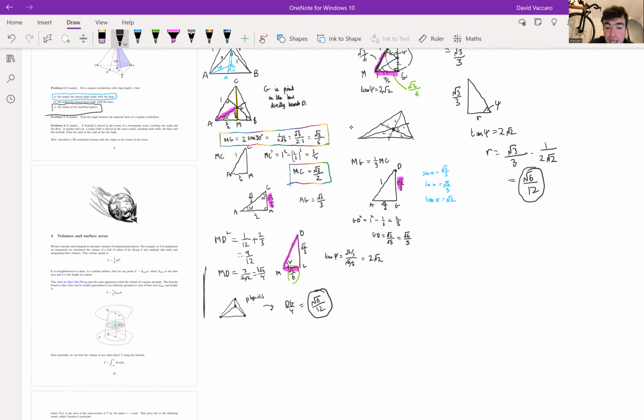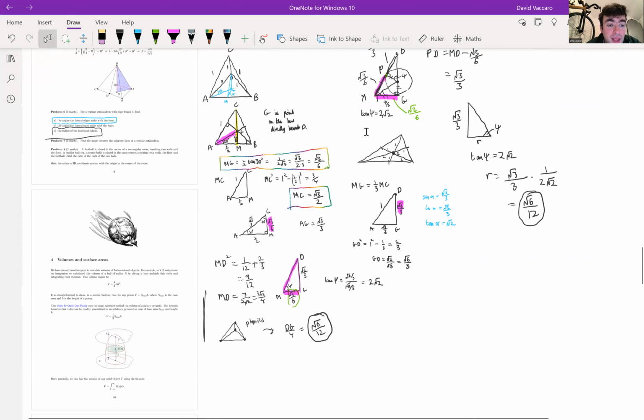And the general case for any tetrahedron is that the center of mass of a uniform tetrahedron is 1/4 of the coordinate vectors of A plus B plus C plus D. And here, because the center of mass is going to coincide with the incircle, that just means that it's 1/4 of the way up the line which joins the top vertex to the centroid of the base. Okay, so that's the radius of the inscribed circle of a tetrahedron.